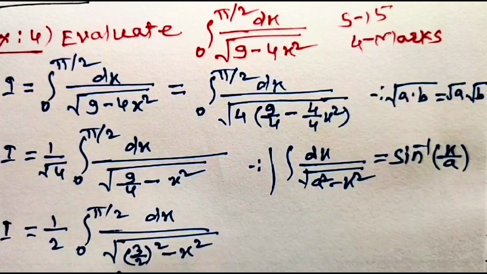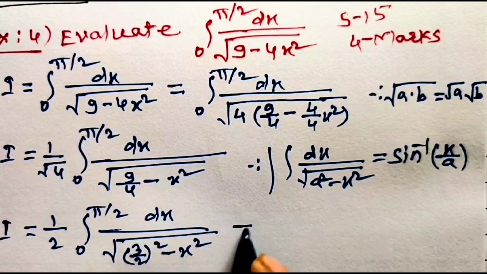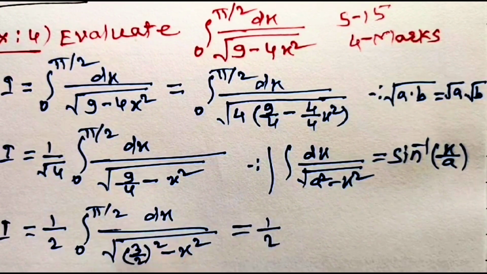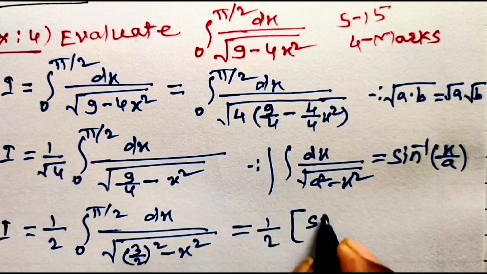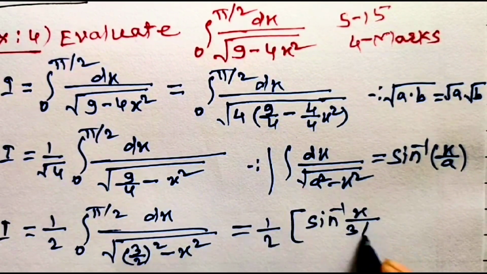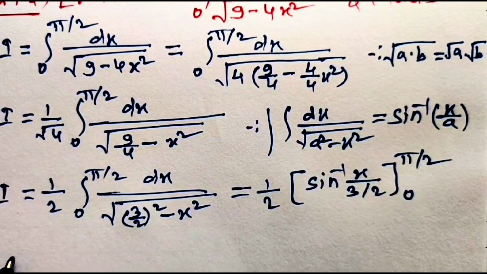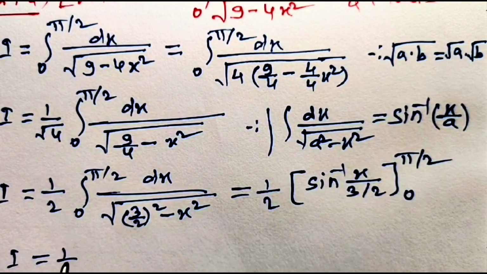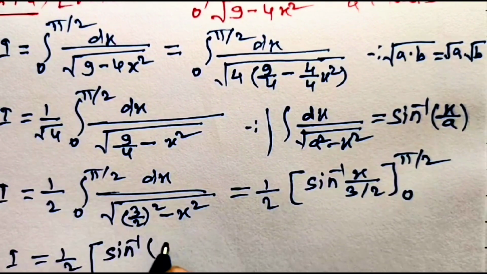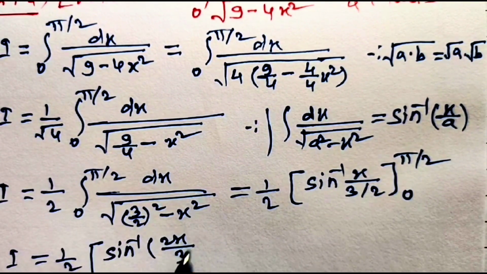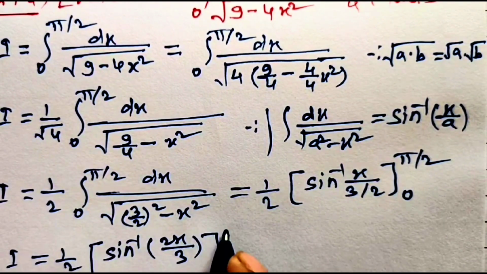So a is 3 upon 2. Hence this is equal to half the value of this integral, sine inverse x upon 3 upon 2, limits from 0 to pi by 2, and then I is equal to half into sine inverse 2x divided by 3, limits from 0 to pi by 2.